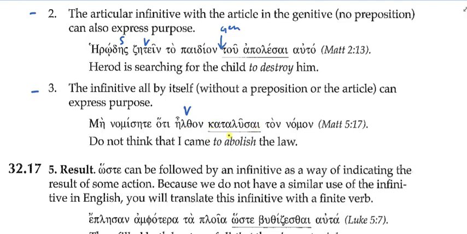That I came to abolish. That is, I came for the purpose of abolishing. Do not think that I came to abolish tan naman, the law. All right? No preposition, no article. The bare infinitive following the main verb could express purpose as well.